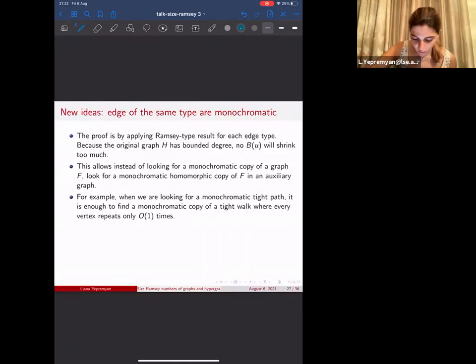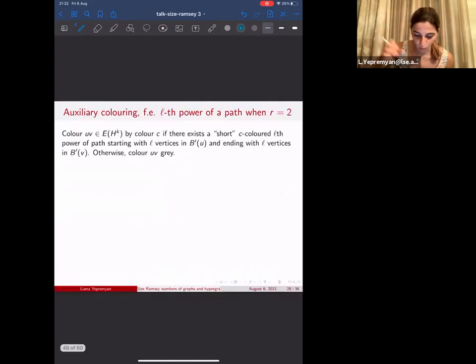Okay, so for example, if I was looking for a monochromatic tight path, now I'm going to look for a monochromatic copy of a tight walk, where every vertex repeats only constant many times. I just don't want to have any vertex to be repeated too many times, because for example, if I was looking at the nth power of a path when r is 2, then my new auxiliary coloring would be as follows.